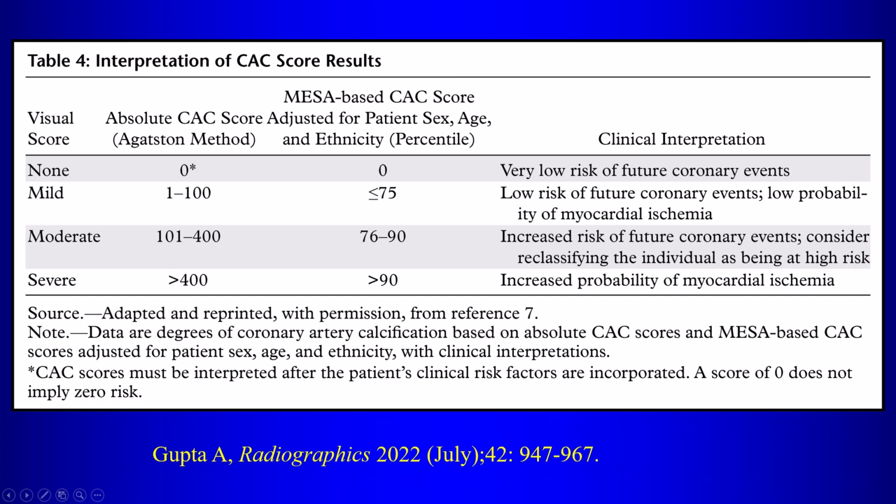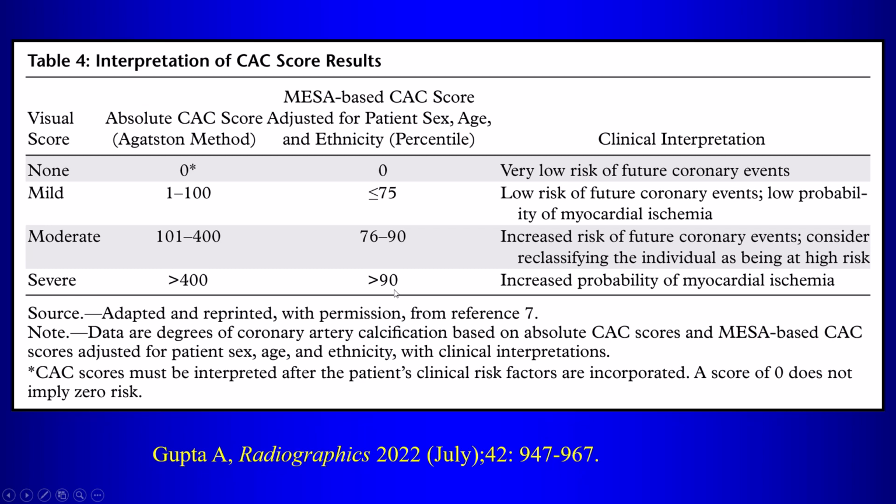Now, here also we can coordinate this with the MESA studies for coronary artery calcium scoring. And here when we look at the percentiles for coronary calcium scoring, a score of 1 to 100 or less than the 75th percentile for that particular patient demographic group gives you a low risk of future coronary events. 100 to 400 is increased risk of future coronary events, and here you might consider reclassifying the individual to the high risk category, especially if they're in that 76th to 90th percentile.